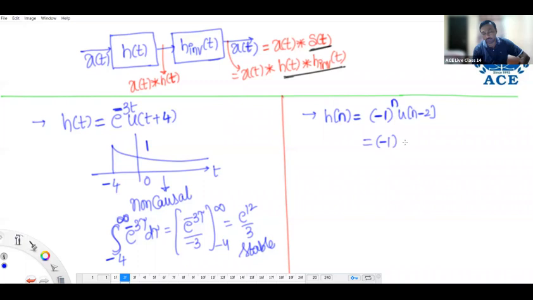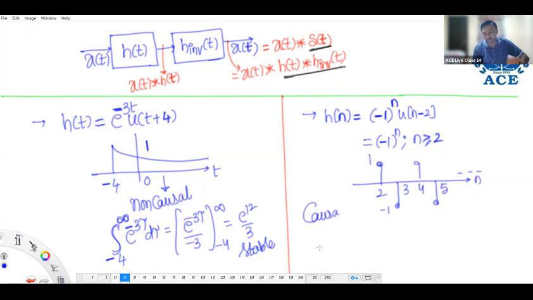Because of u of n minus 2, it covers positive samples, so causal. It is unstable.